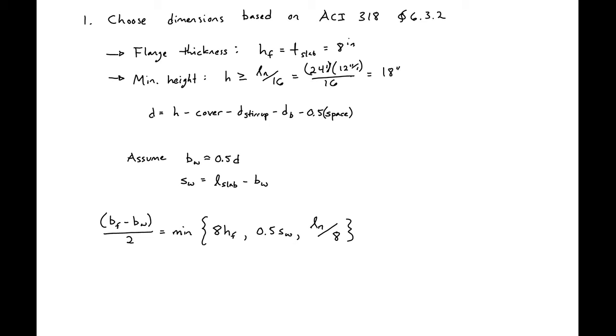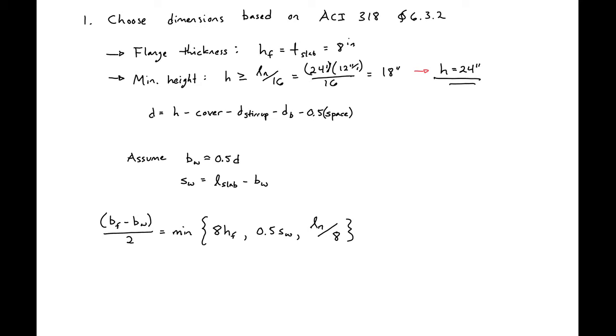So we're going to use the rule of thumb: we'll start with a beam depth in inches equal to our span length in feet. So we have a 24 foot span, so we're going to try starting with a 24 inch deep beam. So this will be the height of our beam to start.